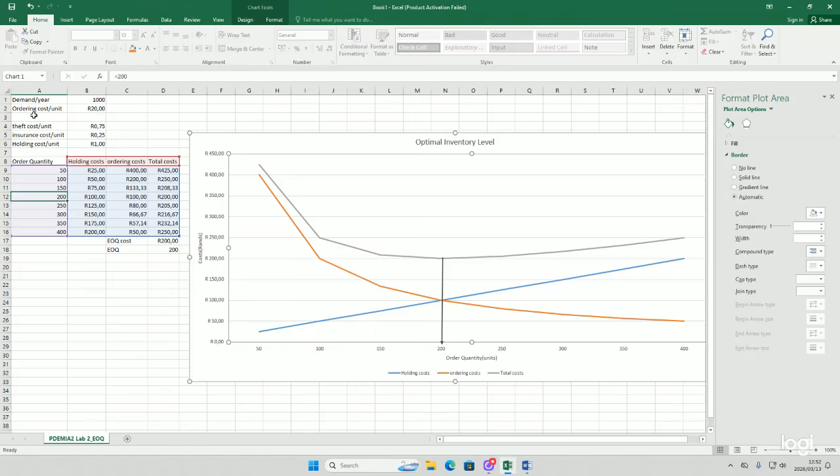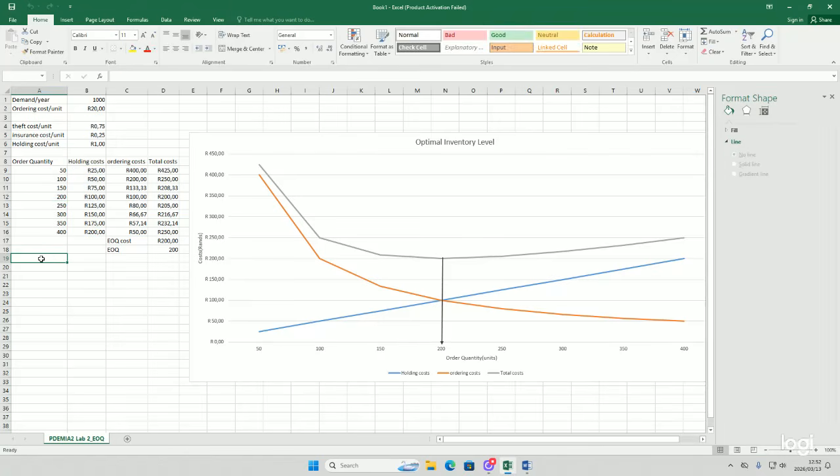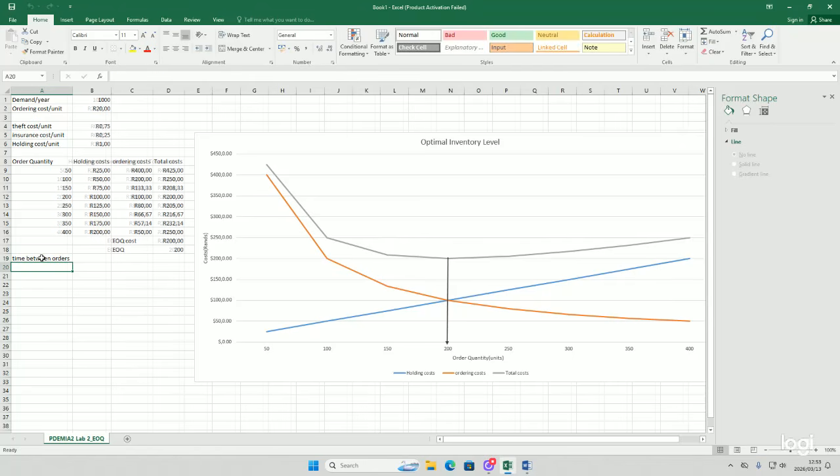Another thing I might say is calculate your time between orders. So you would have to come here and say my time between orders. What's your formula for time between orders?